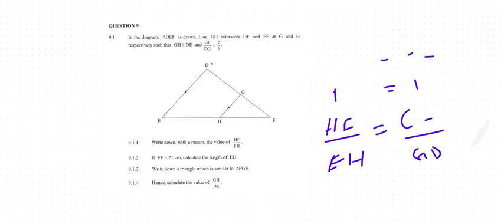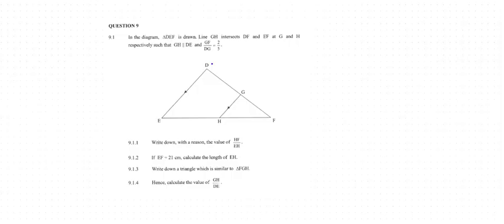We have EH by EF, which equals DG by DF, and which equals 5 by 7.